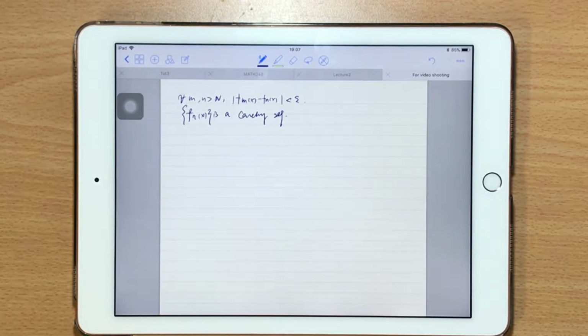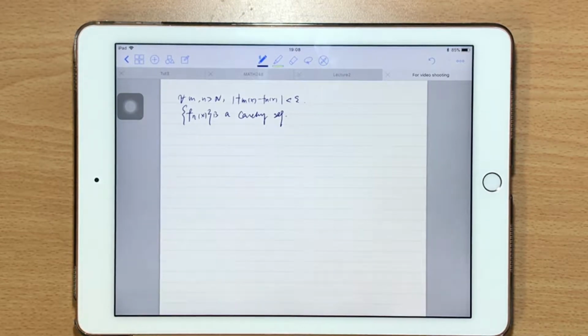But in this case, for simplification, we assume that the limit function will be in that set, because the difference between a Cauchy sequence and a convergent sequence is quite subtle.